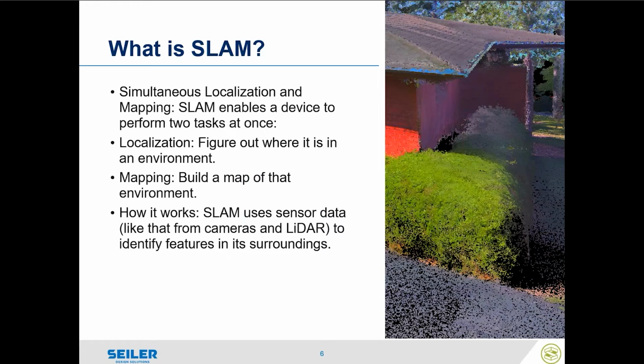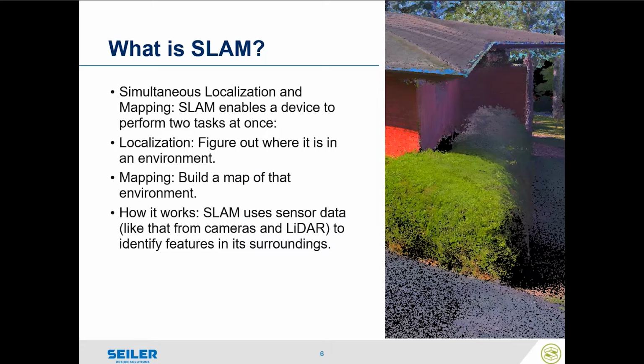What is SLAM? SLAM stands for simultaneous localization and mapping. It is a type of scanning that enables the device to perform 2 tasks at once. The localization, figuring out where it is in an environment using inertial measurement units, the gyros, the motion sensors, the tilt detectors within the actual scanner head, as well as the built map of the environment.